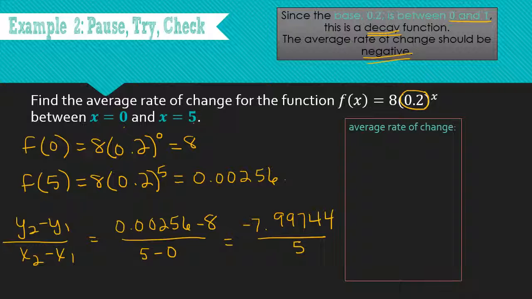So when I do that in my calculator, I end up with negative 1.599, or negative 1.6 if you're rounding. So here you can see that we have a decay function because I got a negative answer. We're decreasing from x equals 0 to x equals 5.